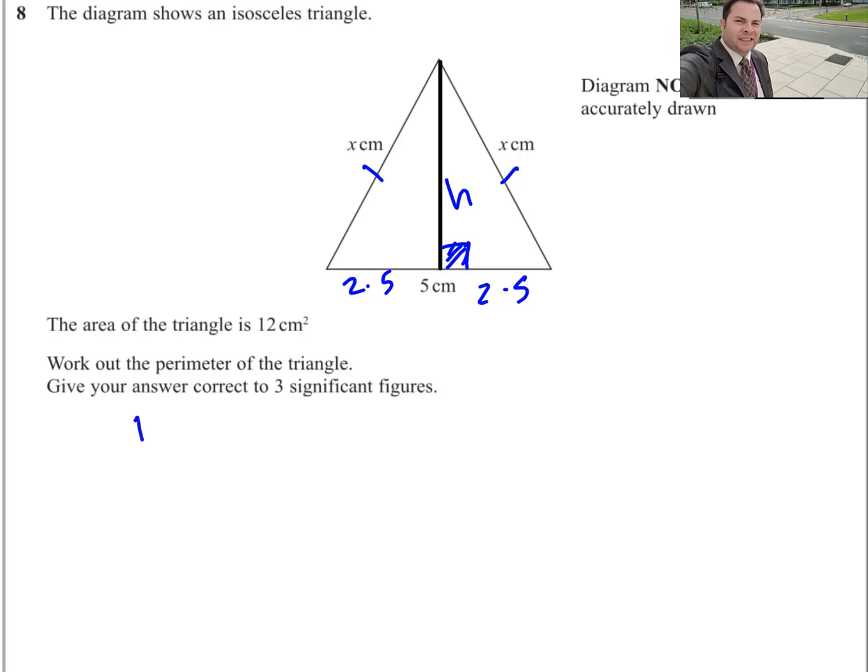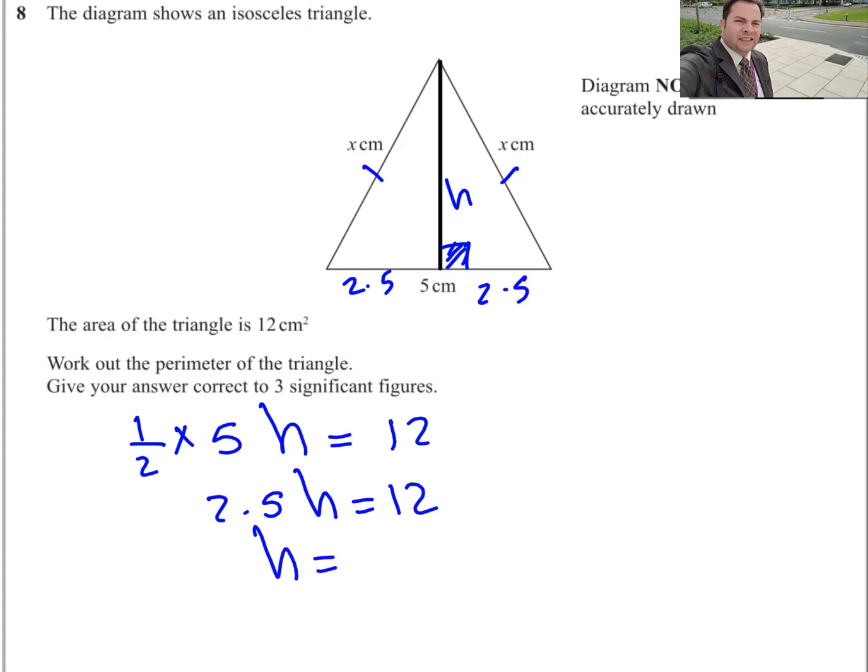The area of the triangle is half times the base, which is 5, times the height, equal to 12. Half of 5 is 2.5, so height is 12 divided by 2.5, which is 4.8 centimeters.